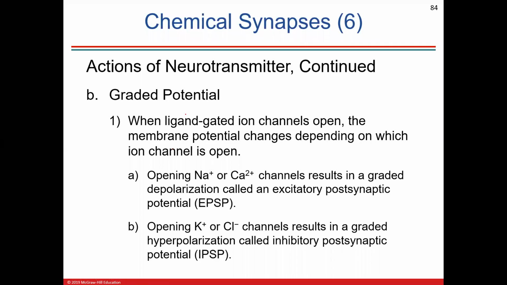Graded potentials. Now, there are two things you need to know about the postsynaptic potentials before we go into this. There are two acronyms here: EPSP and IPSP. EPSP is an excitatory postsynaptic potential, meaning that on the postsynaptic membrane you have receptors for excitatory neurotransmitters.